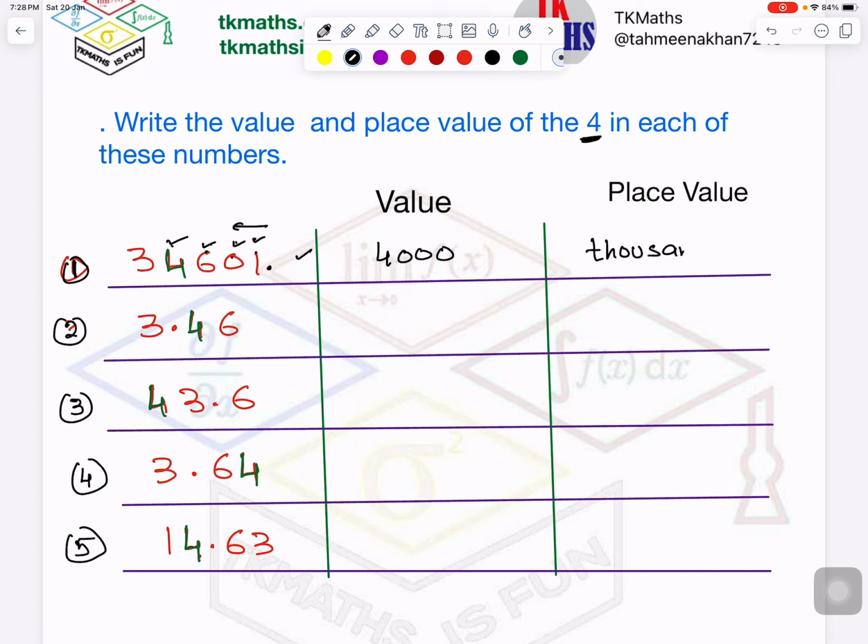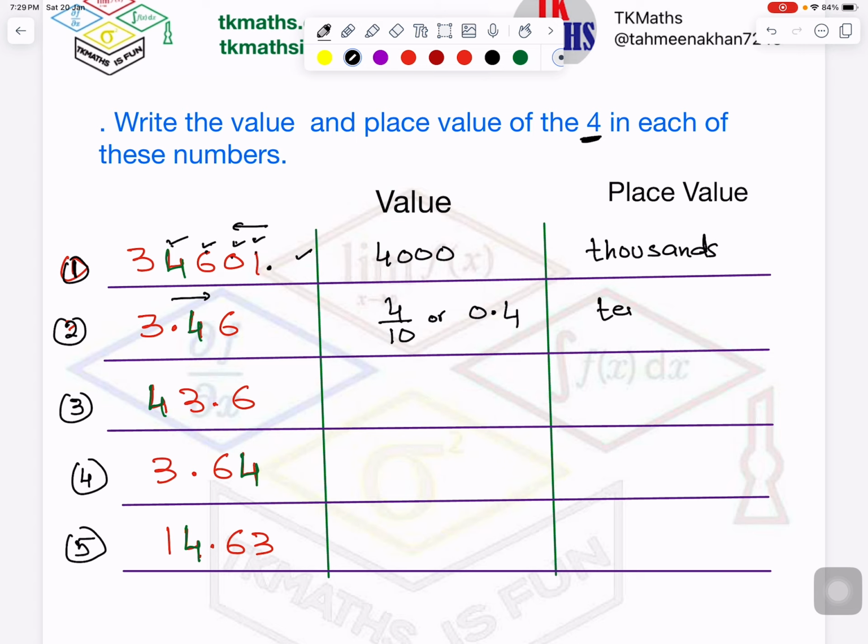Thousands. Okay. Now if you see the second number, the 4 is on the right hand side of the decimal. So what is the value of 4? 4 tenths, which equals 0.4. But what is the place value?